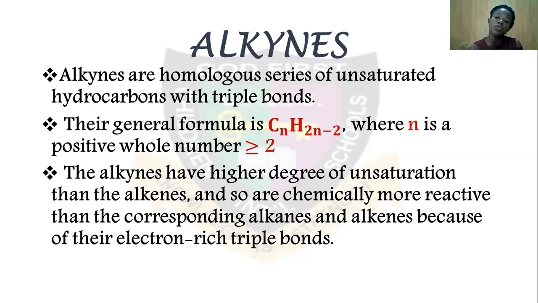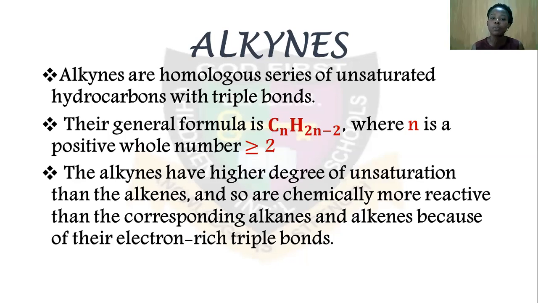They show a gradation in their physical properties. For example, a few members are gases, and as you move down the group, some are liquids, then moving even to the larger molecules, they are solids. So alkynes are a homologous series of unsaturated hydrocarbons with triple bonds.